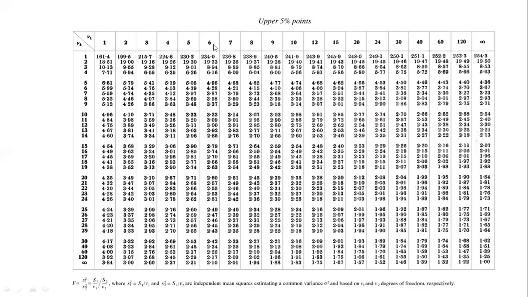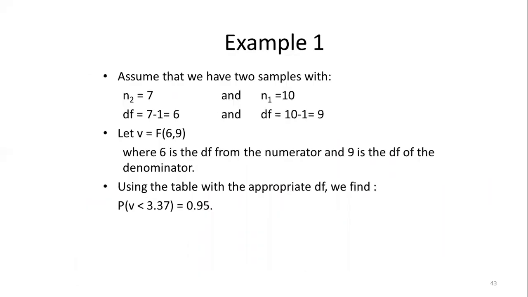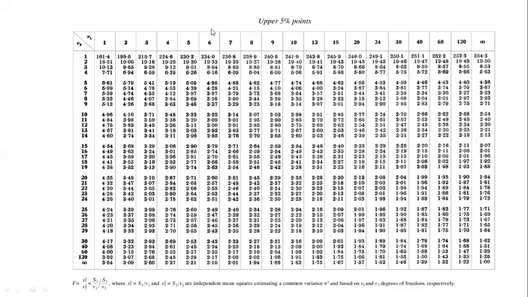That gives you 3.37 as your table value at 5% level of significance. So you cannot make it the other way around. If you take the 6 in the row and 9 in the column, you get a different value, 4.10.